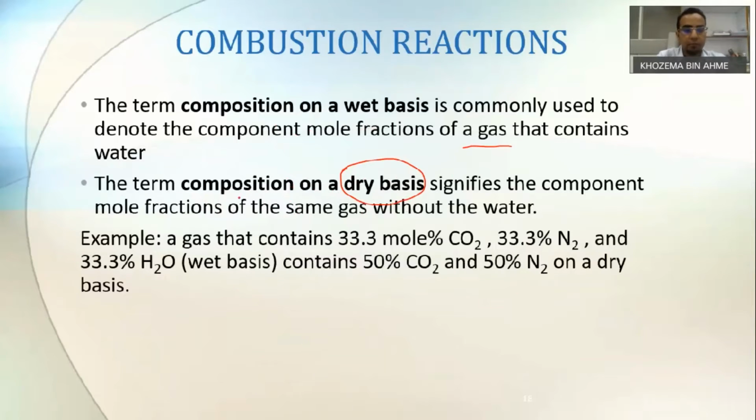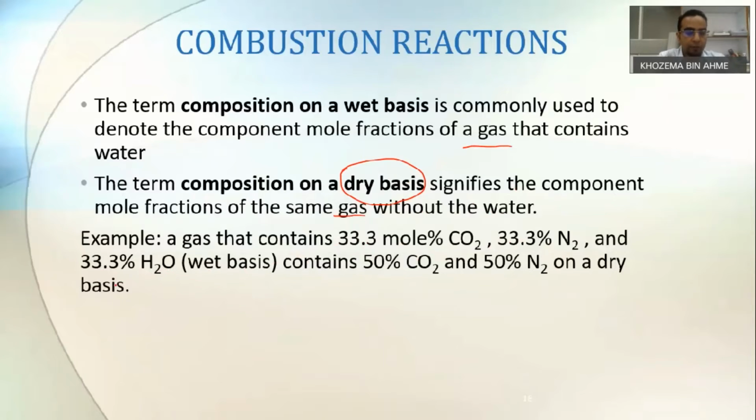So the term composition on a dry basis signifies the component mole fraction of the same gas without any water in it. So for example, let us look at a gas that contains 33.3 mole percent of CO2, 33.3% of nitrogen, and 33.3% of water vapor, which is considered on a wet basis.